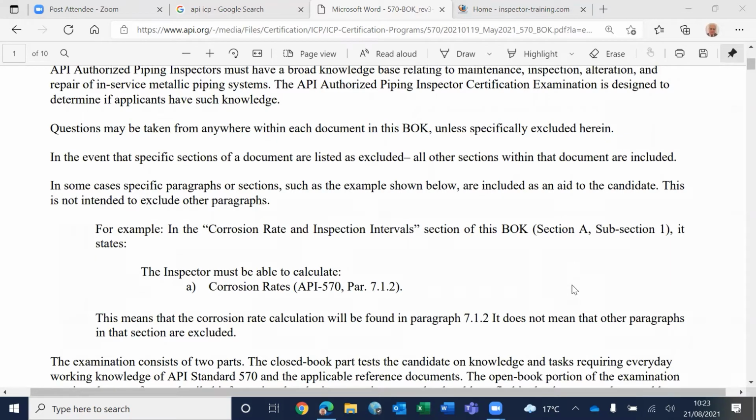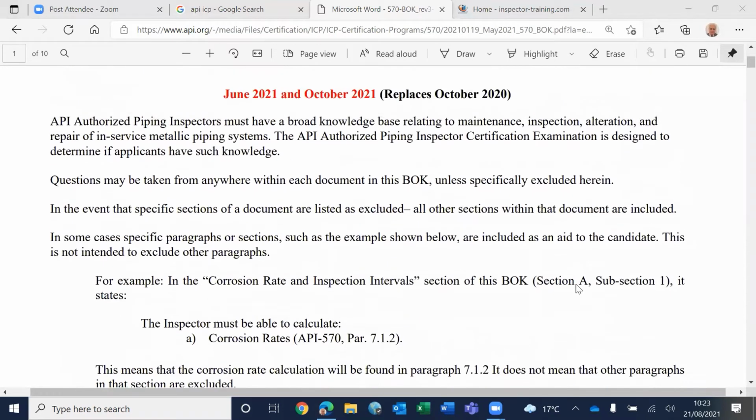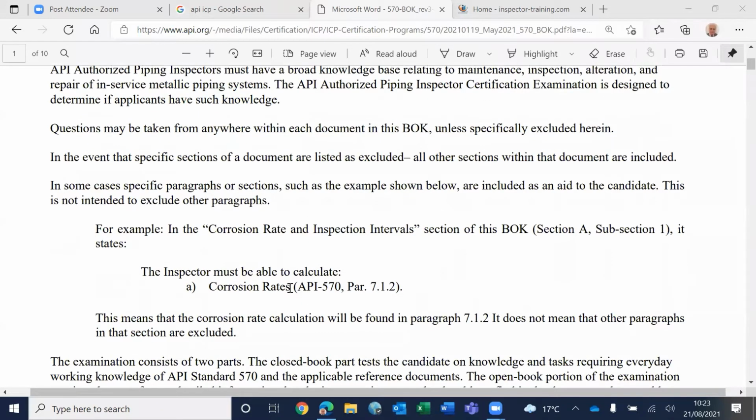And as I told you, the closed book questions are all awareness or practical type of question, and the open book questions are ones where you have to refer to the documents. Okay, so it would tell you what you are expected to know.